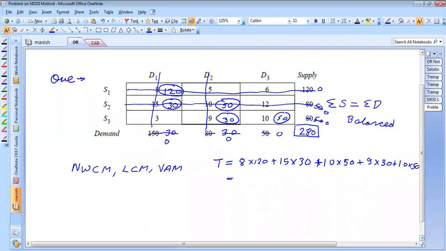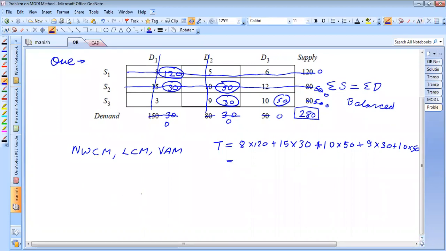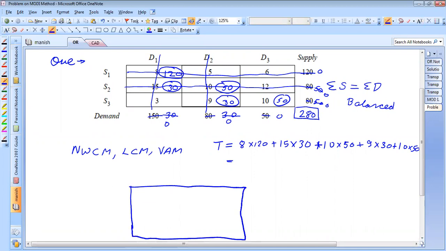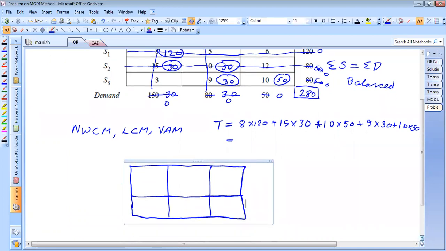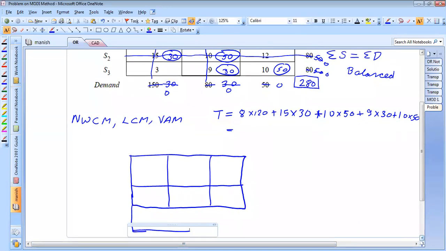By the time you calculate it, I'll draw the diagram again. Who will calculate the cost of transportation? 2,680, sir.